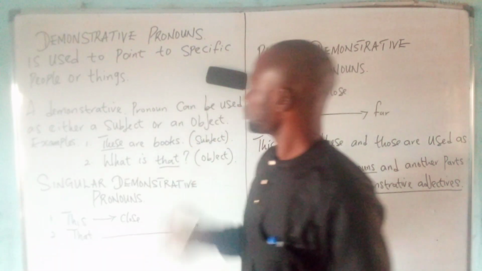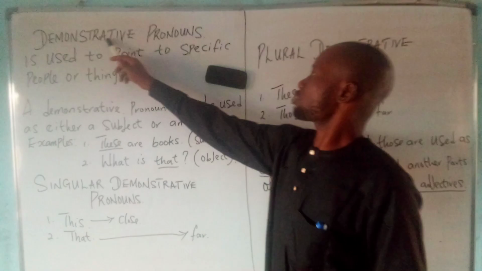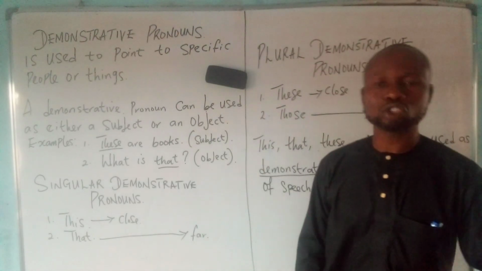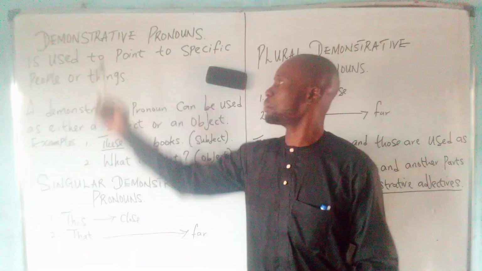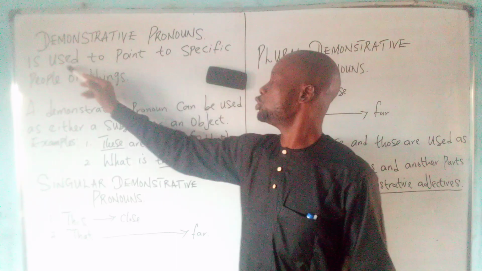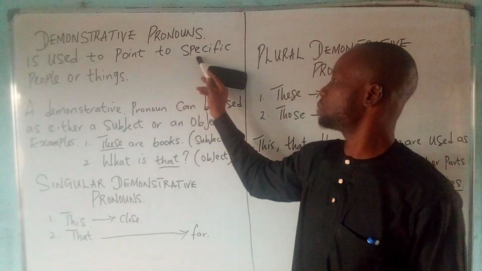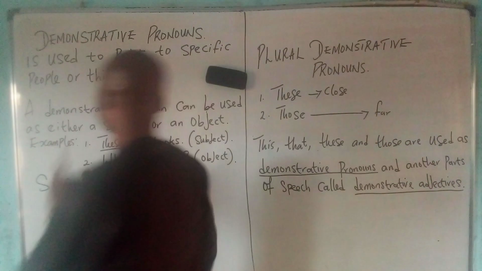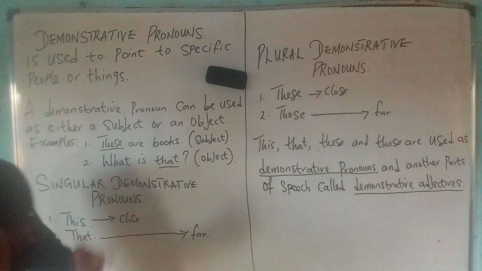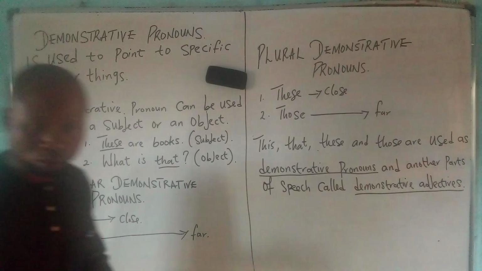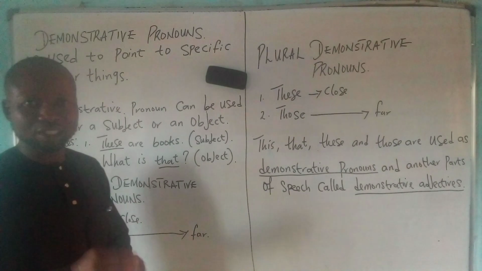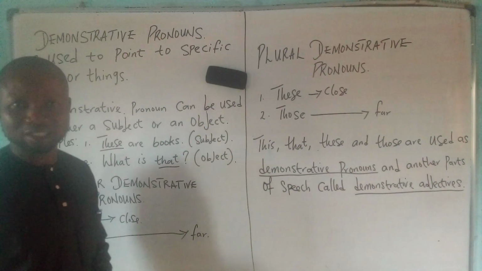All right, we have demonstrative pronouns. As I said earlier, it simply means to point at something. So demonstrative pronouns are used to point to specific people or things. Yes, when we want to point at something, it could be people, it could be things, living or non-living things, then we use our hands.